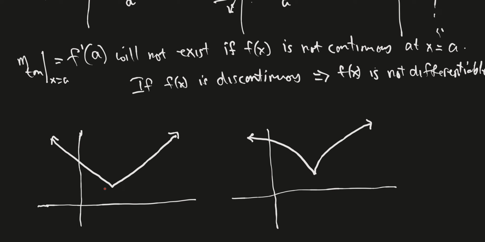Why? Because look, one person could draw it like this. So I do have a point for it to pass through, but because the graph seems to almost change direction, the word direction here isn't well defined, but it changes so rapidly that you hit the sharp corner, and the question is, does the tangent line look like this? Does it look like this? Does it look like this? Does it look like that? Right?